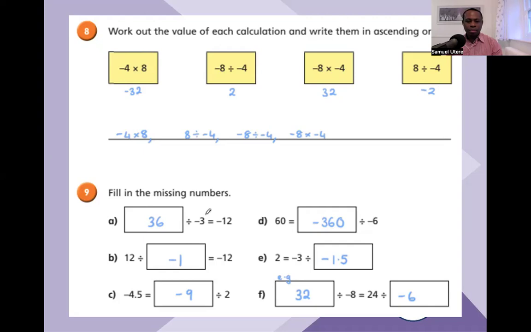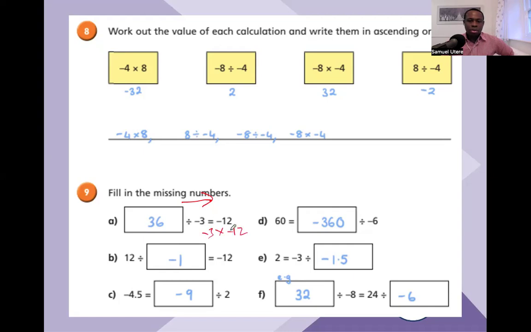So we know that our result is negative 12. So using inverse operation, it would be the same as doing negative 12 times negative 3. Imagine you're going the other way to find what the result is. So it will be -3 times -12.